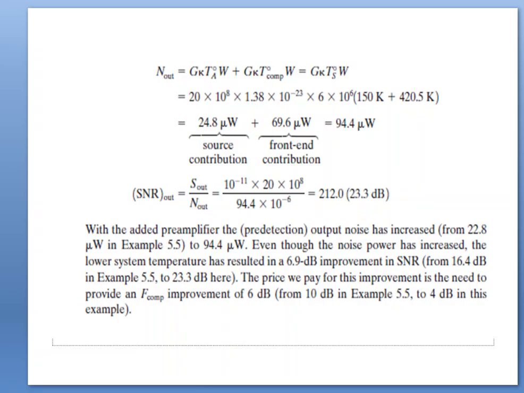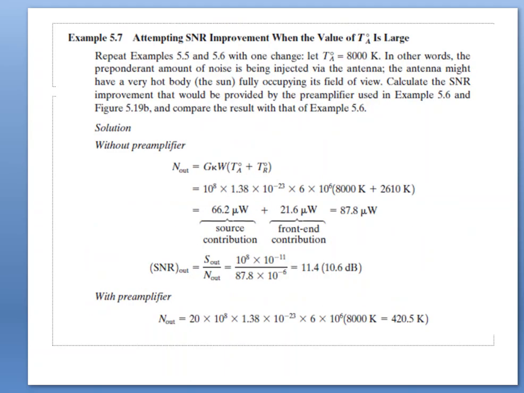In the next example, we show the case where the major portion of the noise is injected via the antenna. See example number 3, attempting SNR improvement where TA is large.